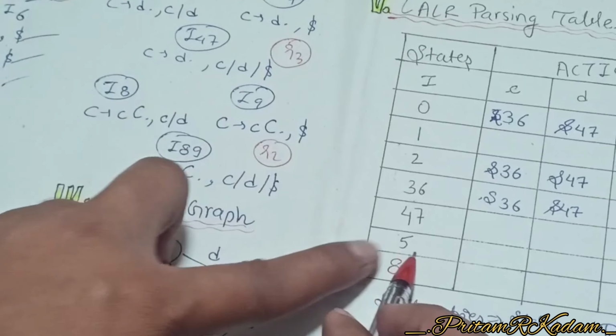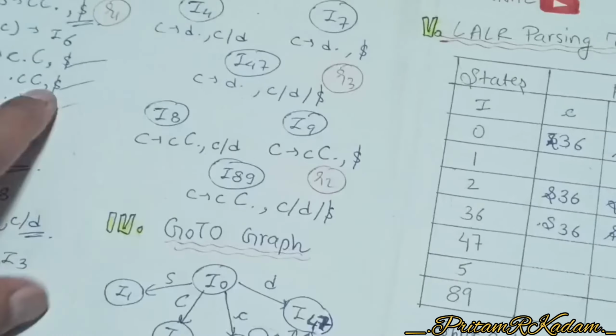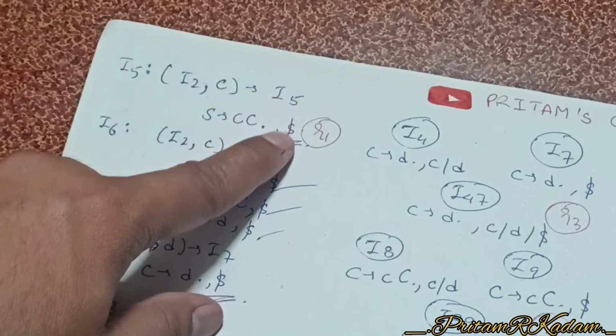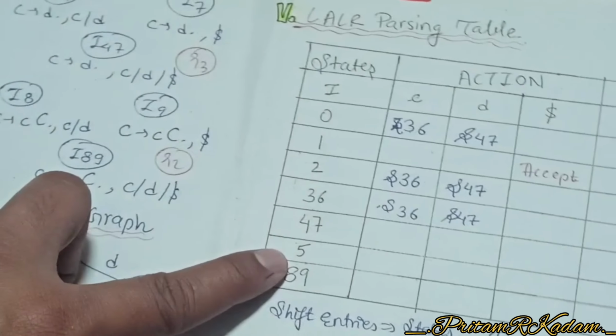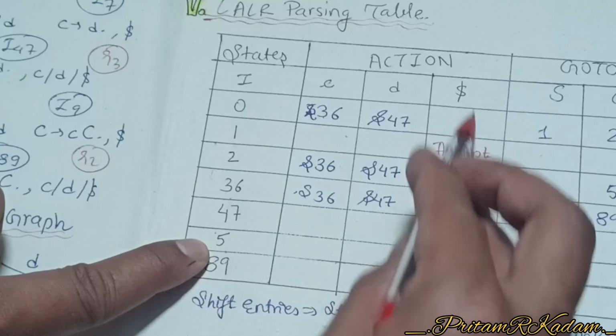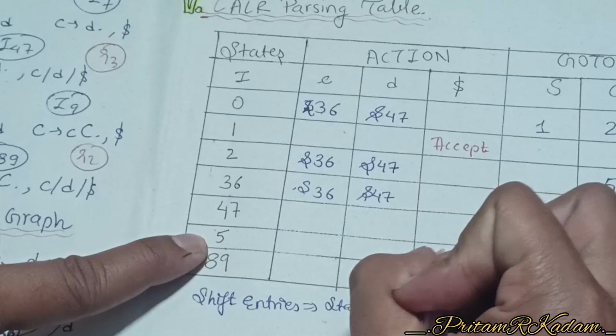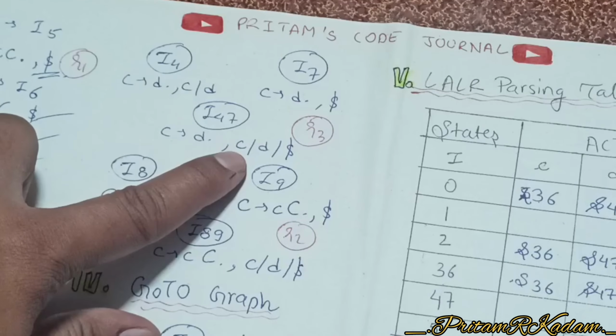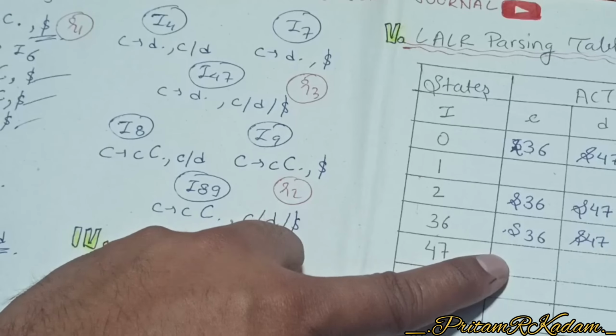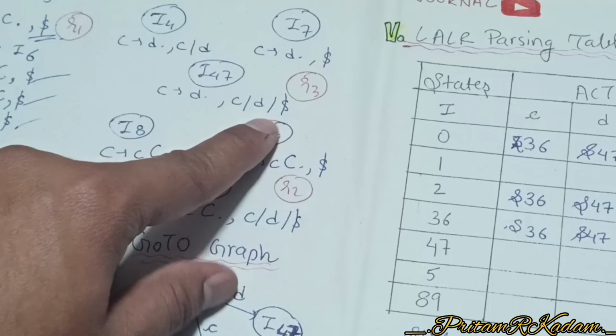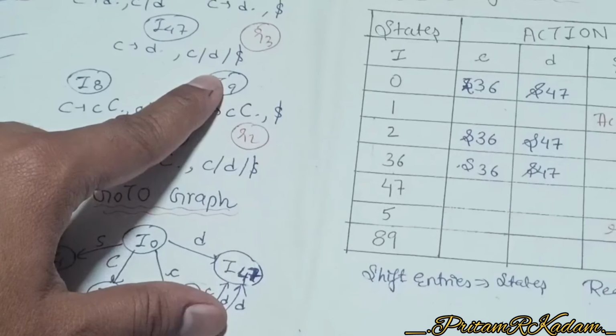First of all, let us write for the R1, which is I5 on C goes to the R1, but look ahead was dollar, so we'll write R1 under the look ahead dollar. Now for I47 we have C slash D slash dollar, so we will write R3 under all these cells.